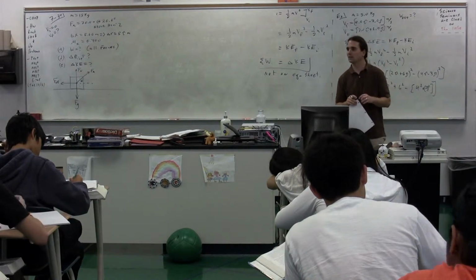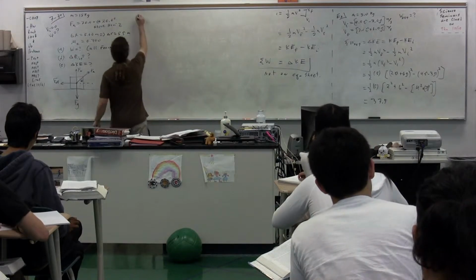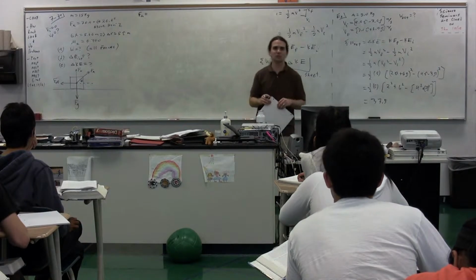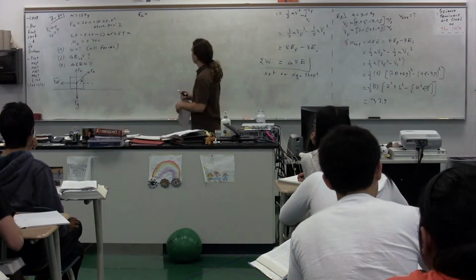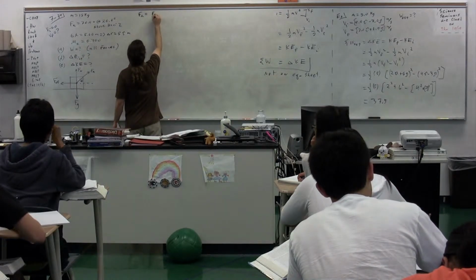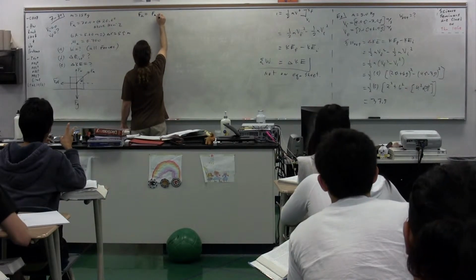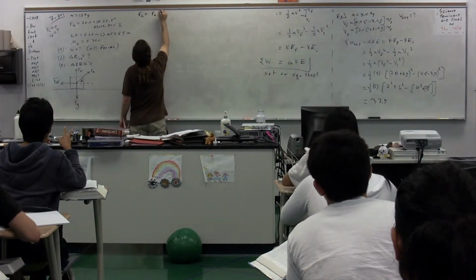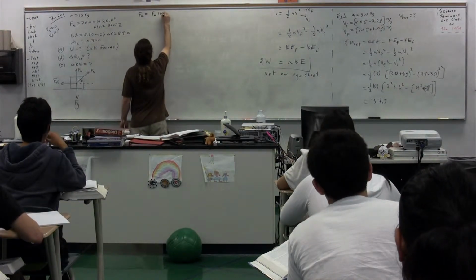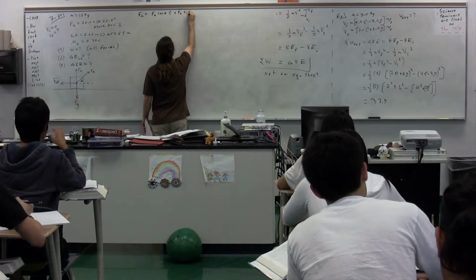Class, what now? The force applied, you can see, will break into its components. Give it to me in terms of i and j, please. Force applied equals force applied times cosine theta times i plus force applied times sine theta times j.